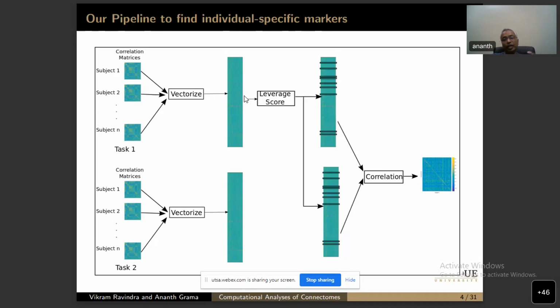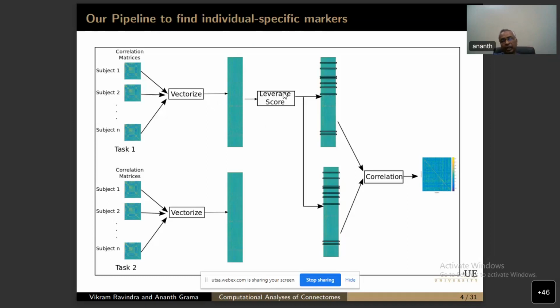So now, I can give you a sense of what leverage score sampling would do, and I'll give you the math of that. So let's say I've given you this particular matrix, and I'm interested in the distance between columns of this matrix. And now I'm asking you this question, give me a very small subset of rows in this matrix that best preserves the distance between these columns, okay? And that's what leverage score does.